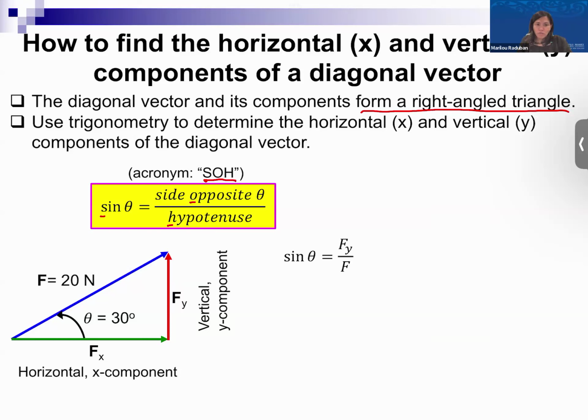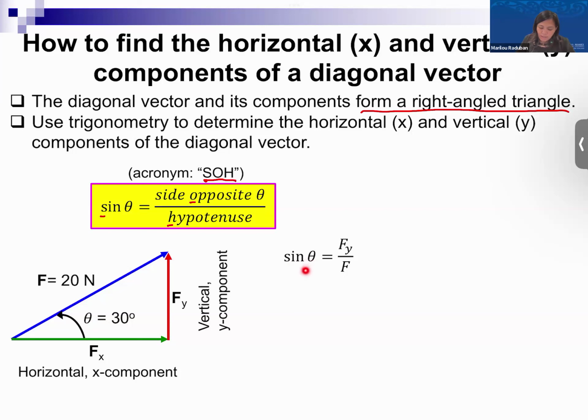Okay. So if we apply this trigonometric rule, we can then find the vertical component, which is the side that is opposite the angle in our right-angled triangle.